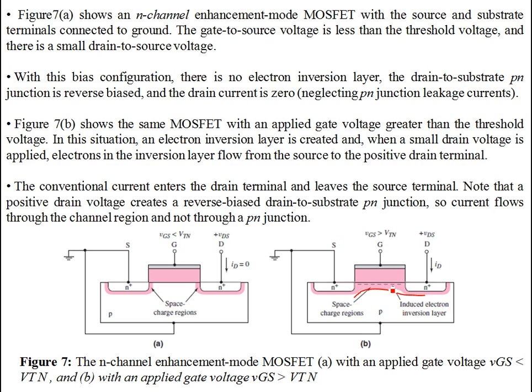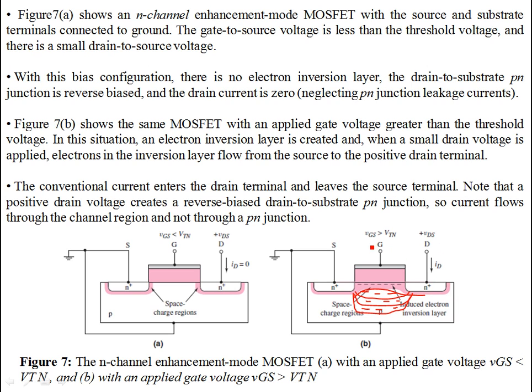For the NMOS, you're increasing the channel width. So this channel or inversion layer is increasing, therefore you have more and more charge density, and this helps more flow of current from drain to source.